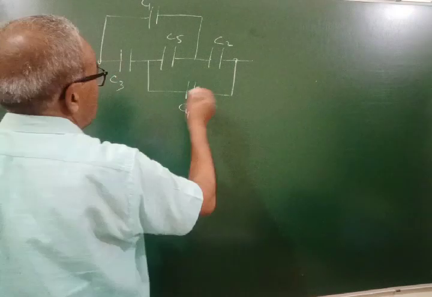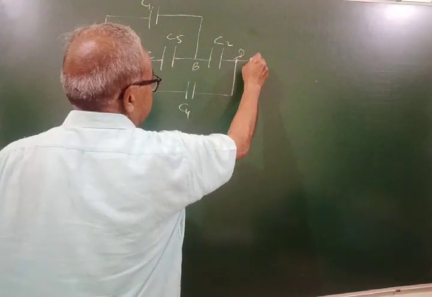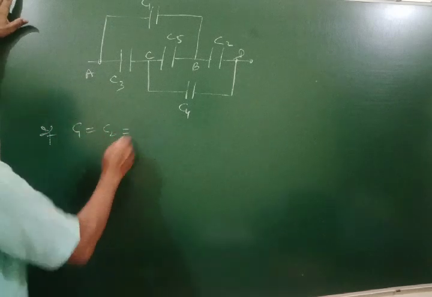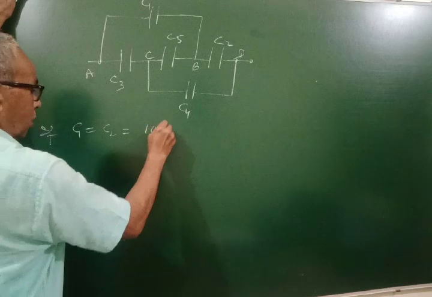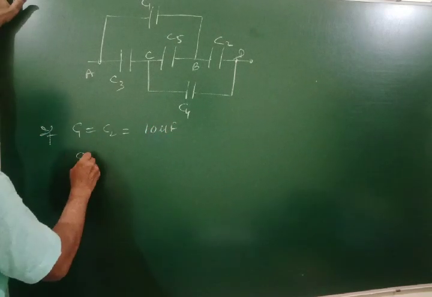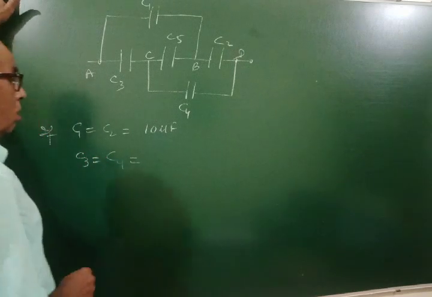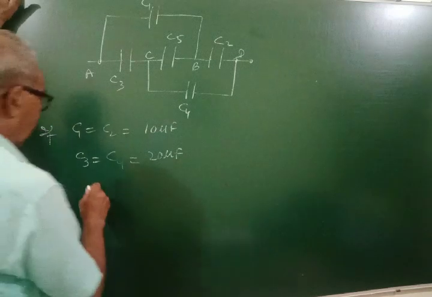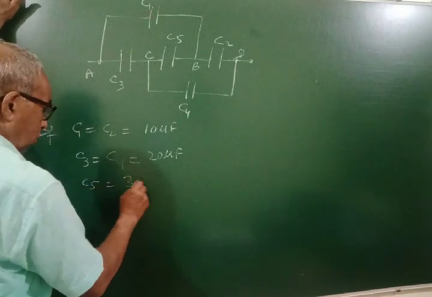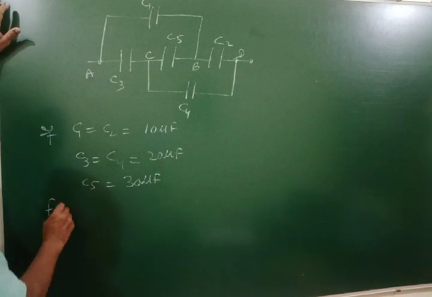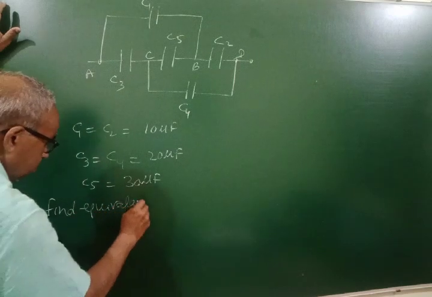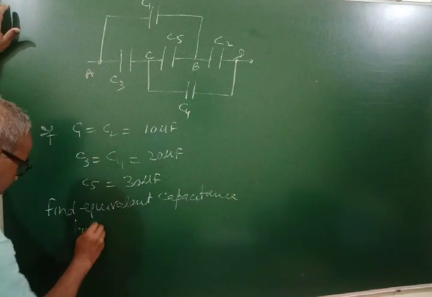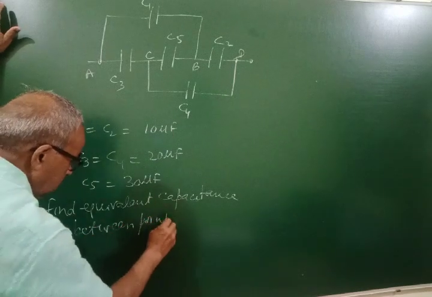This is point A, this is point B, C and D. If C1 is equal to C2 is equal to 10 microfarad, C3 is equal to C4 is equal to 20 microfarad, and C5 is 30 microfarad, find the equivalent capacitance between points A and D.